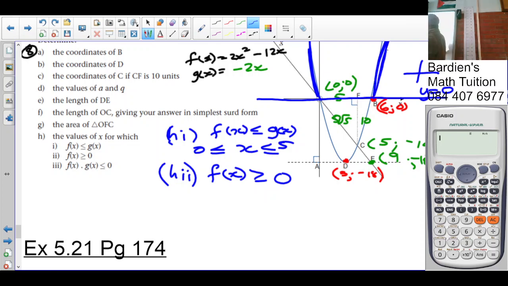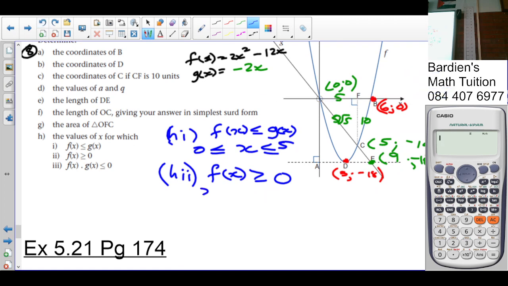So in other words, x has to be less than 0 or x must be more than 6. Can you see that, people? The broken solution. So we say x must be less than 0 or x must be greater than 6. It says equal as well. Is the graph equal to 0 at 0? Yes. Is it equal to 0 at 6? Yes.